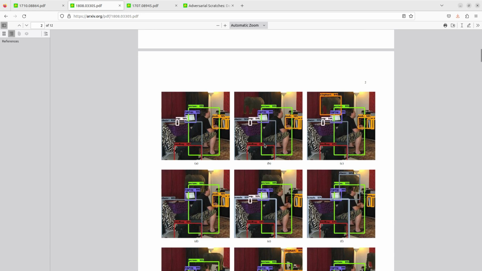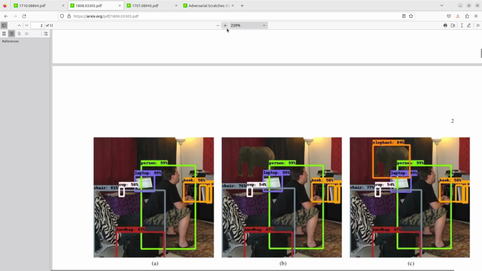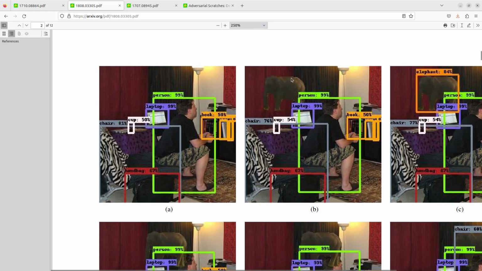And then, jokingly, and also very interestingly, they placed an image of an elephant in the room. They used this sub-image of an elephant and placed it there, and sometimes they achieved a position where the elephant was not identified at all.